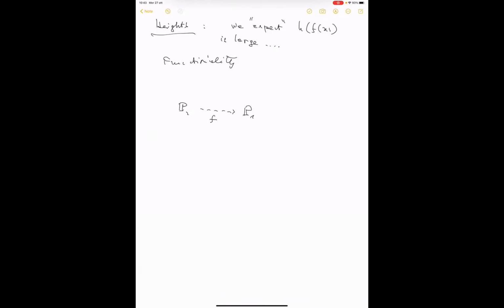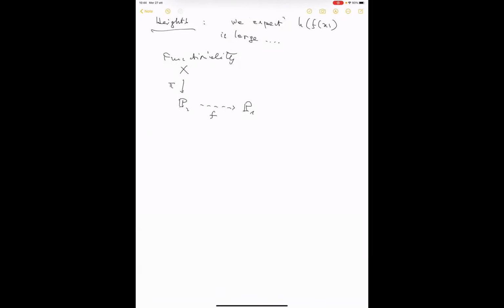So the idea could be to blow up P2 at the points where F is not defined. After a suitable blow-up, which may be complicated, but in general will not be too complicated, we can make F regular.